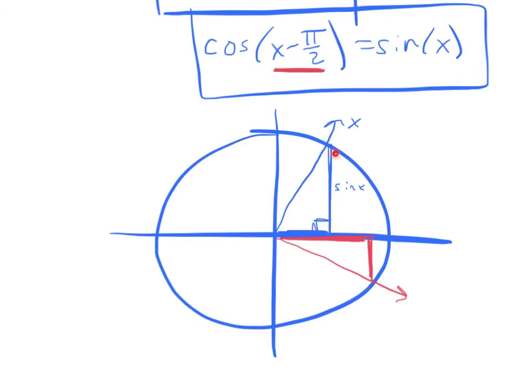And this long side here, the sine of x, becomes this long side here, which is the cosine of this different angle, and that different angle is very specifically x minus pi over 2. So the idea is we can verify that identity also by thinking about the unit circle and the symmetry of all of these things.